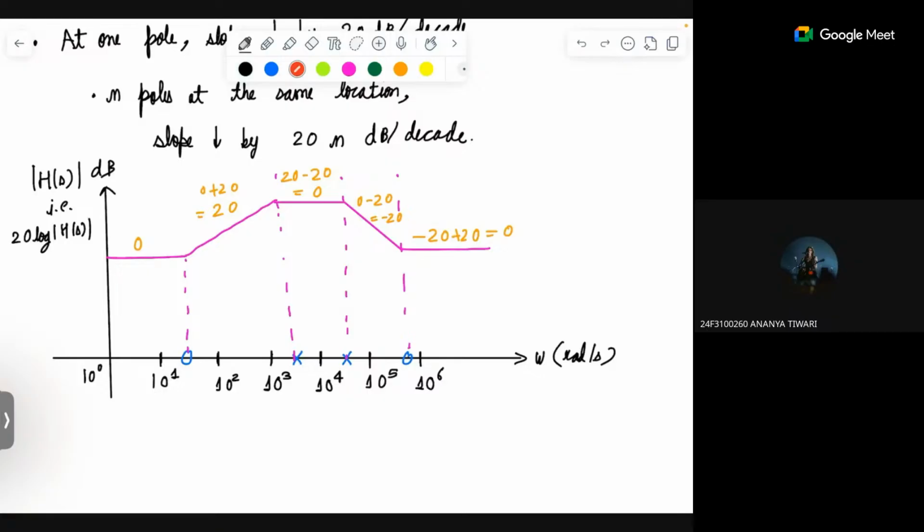Now, if I want this to be a sharper transition, like maybe like this, as much as I can get, I will have to add zeros. Suppose, okay, I will first write that down.